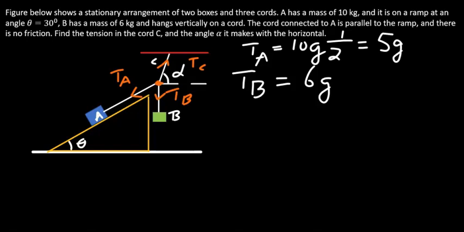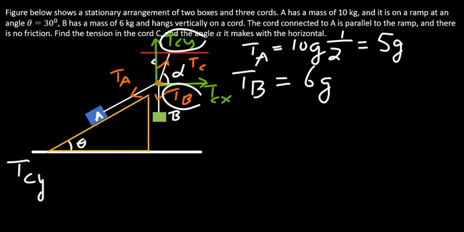You notice TC has 2 components, the X component, which is going like that, TCX, and the Y component which is going up, TCY. So TCY must be balanced by TB and the Y component of TA.